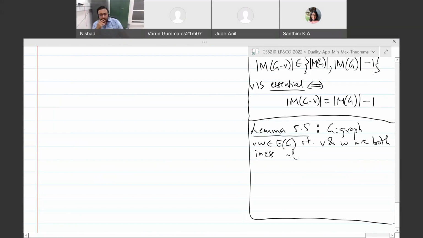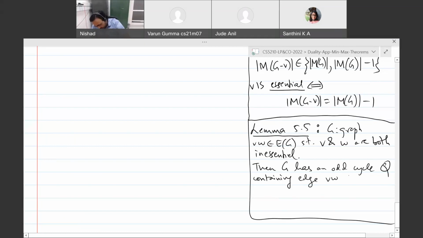Then G has an odd cycle Q containing the edge VW, such that on top of this, we want the following to be true.